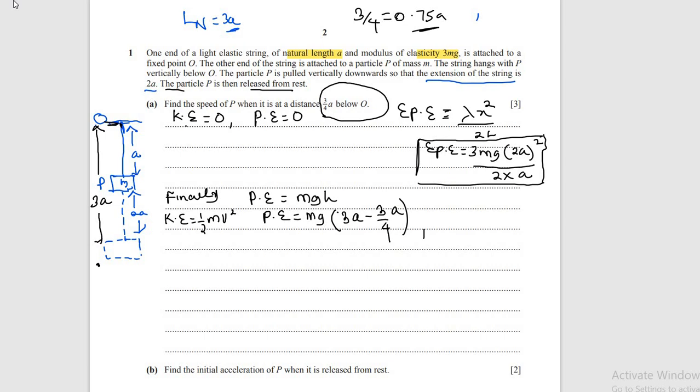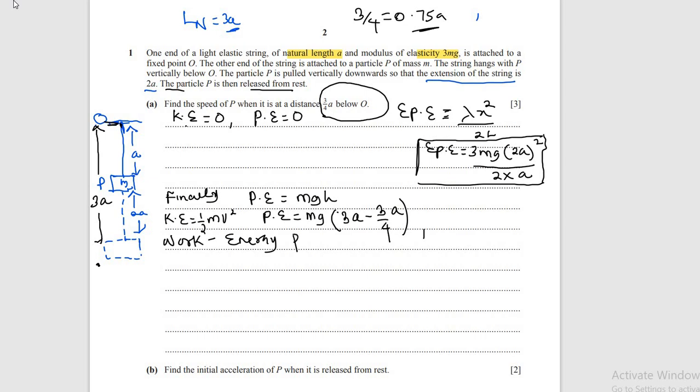The question never mentioned the body will turn back, so there is no elastic potential energy at that point. So using the principle of conservation of energy, or work-energy principle, initial energy must equal final energy.